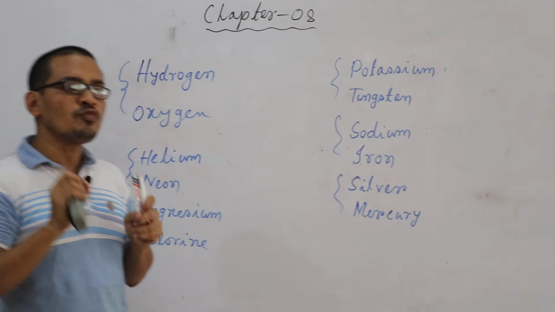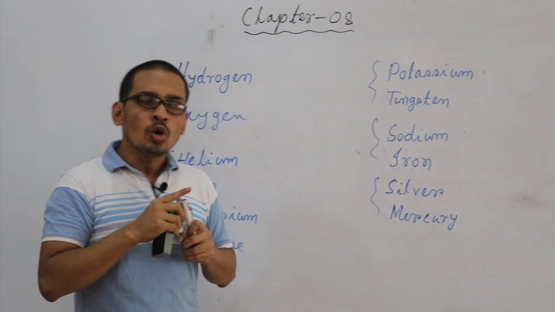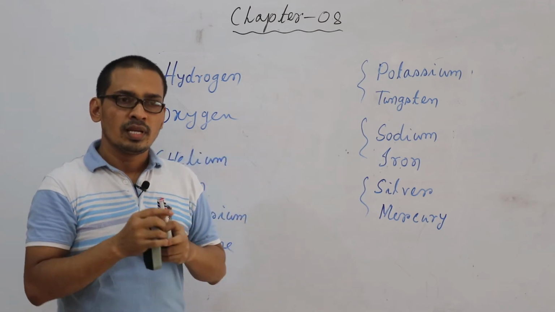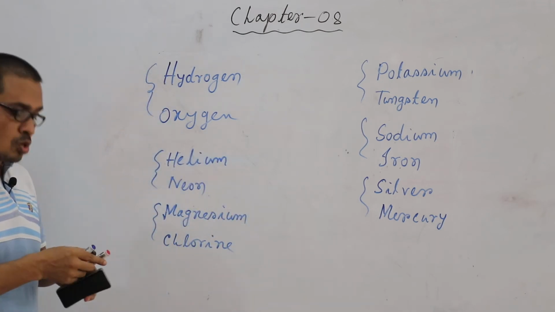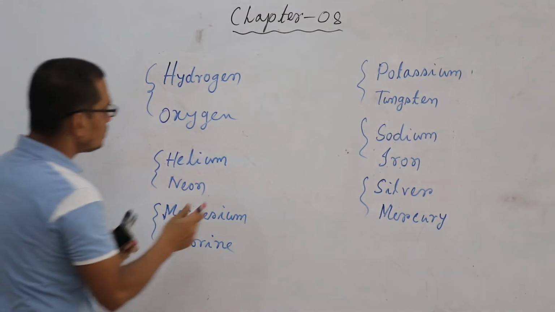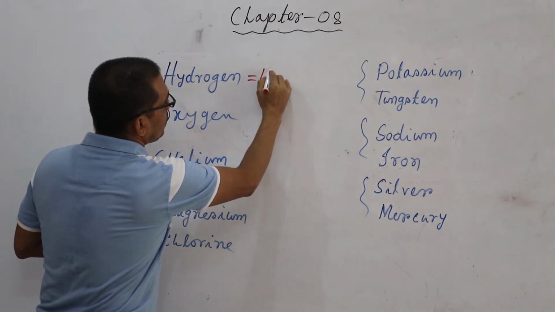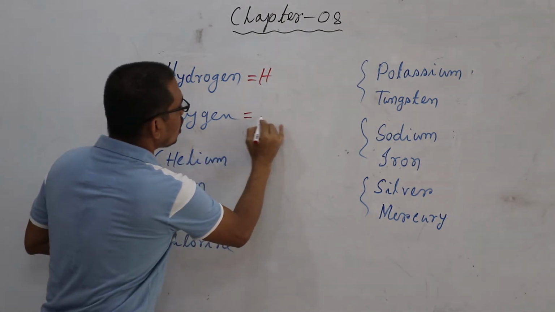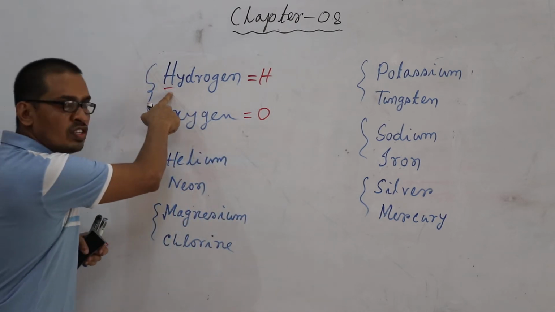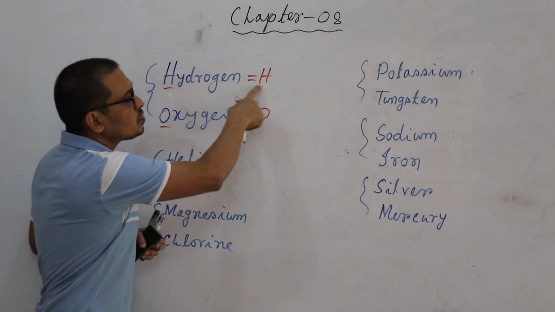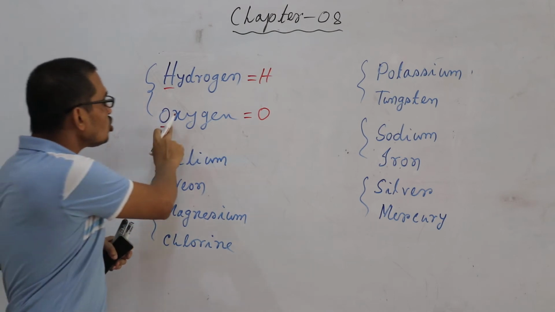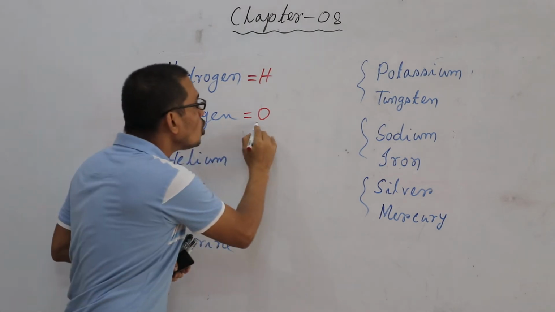This short name is formed with the first one letter, or two letters, or the first letter and another letter, and this is called the symbol of that element. For hydrogen, H is the first letter, so its symbol will be H. For oxygen, the first letter is O, so its symbol will be O.